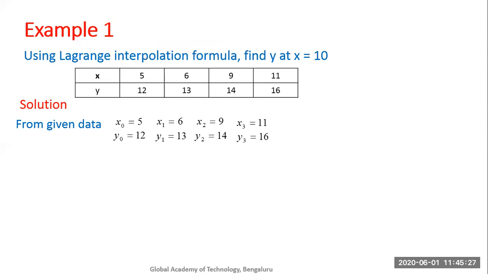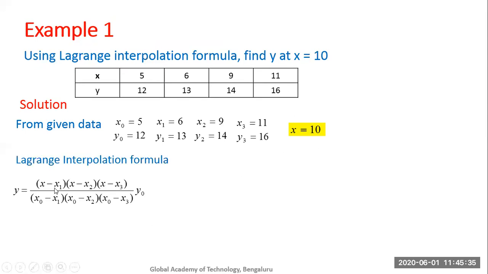Now write the Lagrange interpolation formula to find the value of y for x equal to 10. Here we get only three terms in the numerator: x minus x1, x minus x2, x minus x3. Don't take x0 in the first term, so that x0 comes in the denominator in place of x.